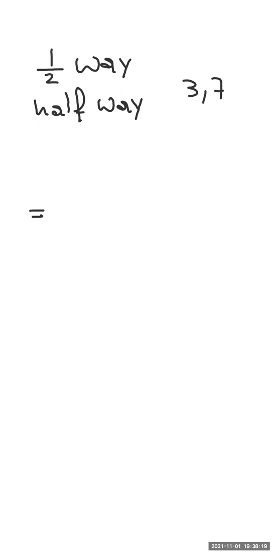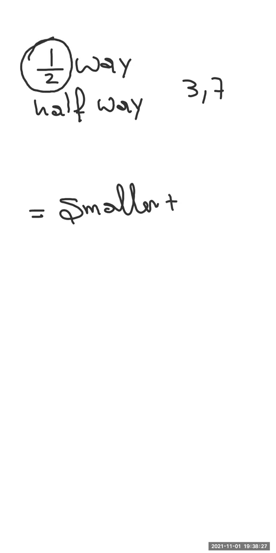The first one, from the side of the smaller, is smaller plus. Why minus? Because we want to get the distance between the two numbers, 3 minus 7 or 7 minus 3. This will be the distance.